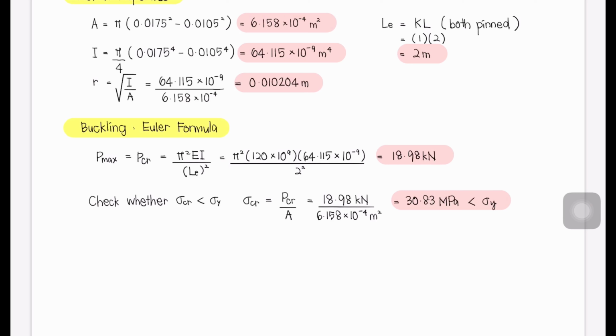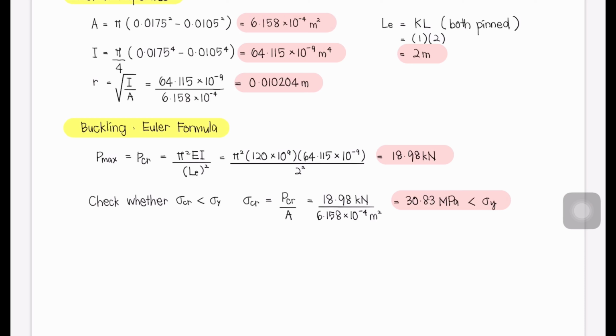Just substitute all the information, E, I, and LE, and you can get the Pmax or P critical for this copper tube, which is about 18.98 kilonewton. In order to know whether it will fail due to buckling or not, you have to check with the yield stress.